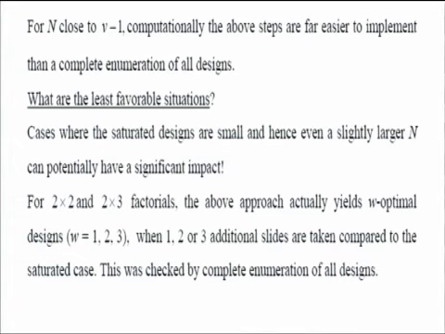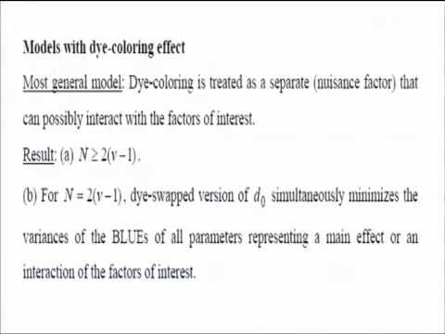I mean the optimal design was obtained by complete enumeration in these cases, and then again by the heuristic method, and these two agreed. Now, model with dye coloring effect, and here we looked at the most general model. Dye coloring is treated as a separate factor which may possibly interact with the factors of interest. So, there are 2 results here.